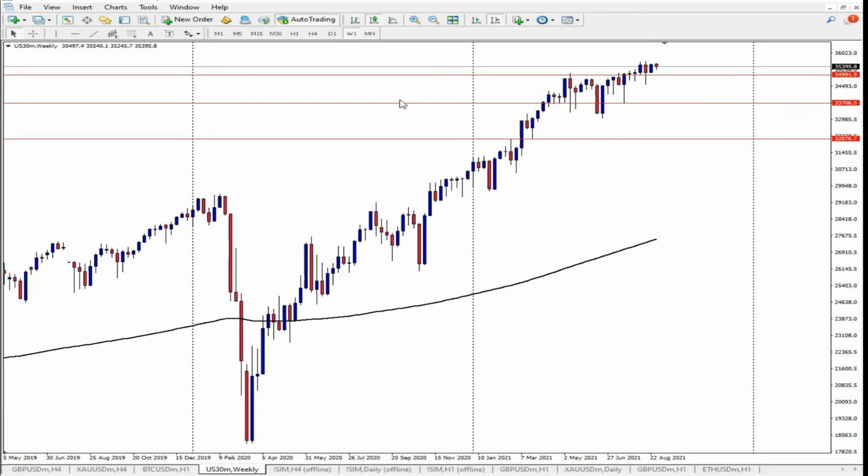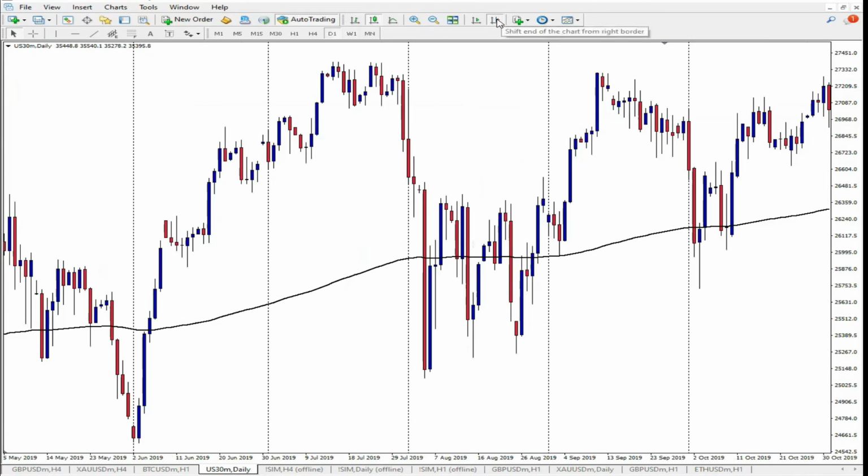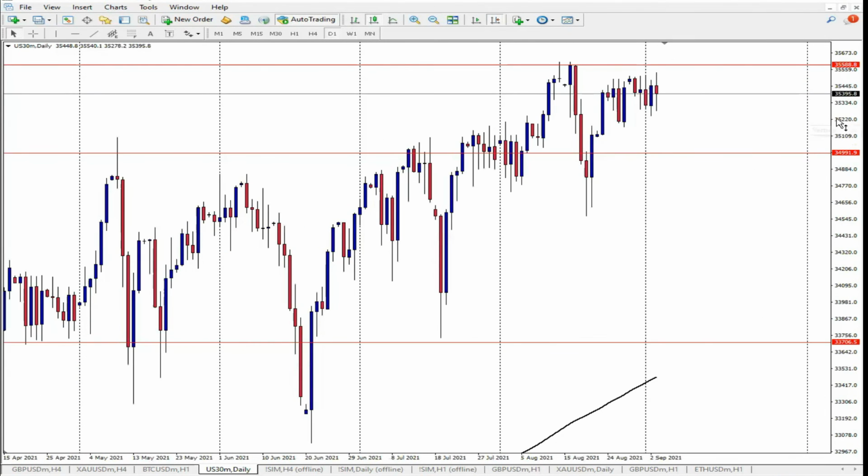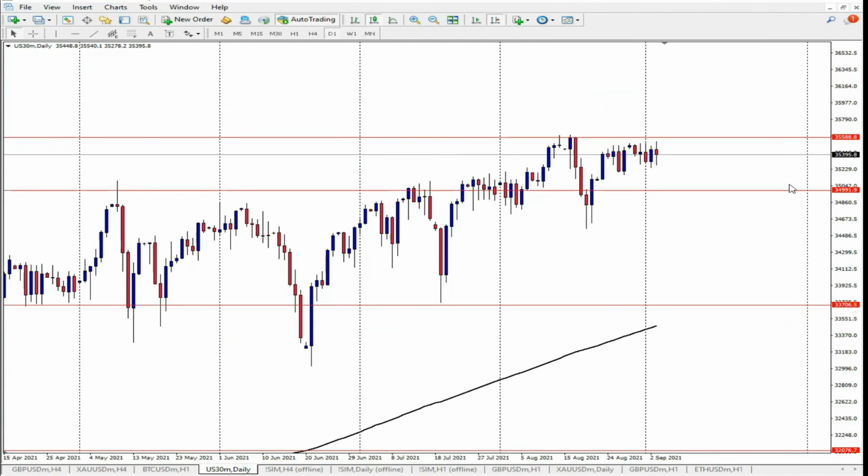Now, as we expect price to push higher, we're going to wait for price to break through the 35,588 area. Then we can now join in the buys. So let's switch to daily and see how things look over there. If this 35,588 price level is broken, then this is where I'm going to pull my fib.